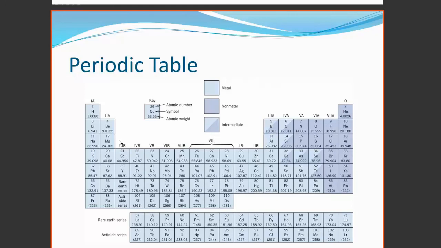In these materials, called the transition metals, the number of electrons in the outer shell, or the valence number, can change, and hence the name transition metal.